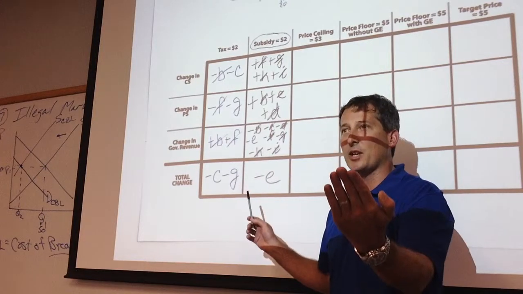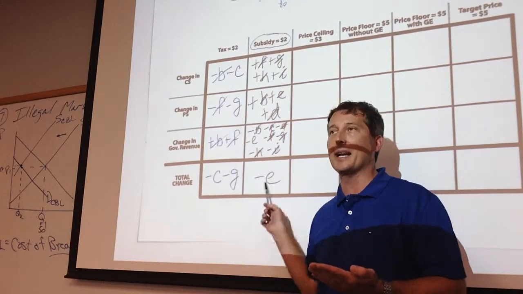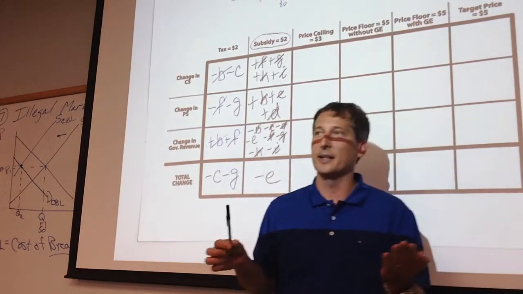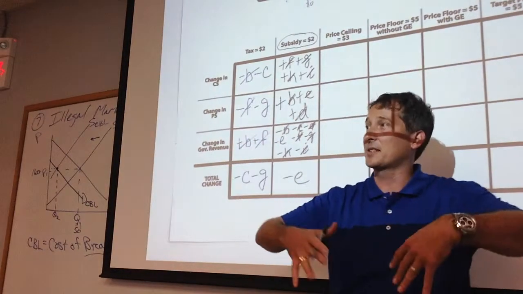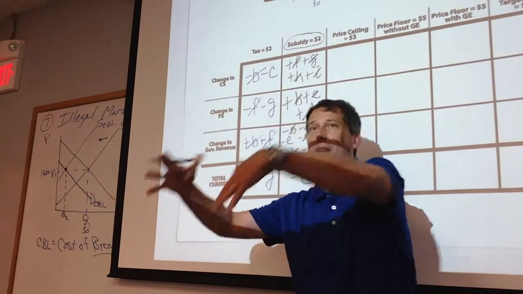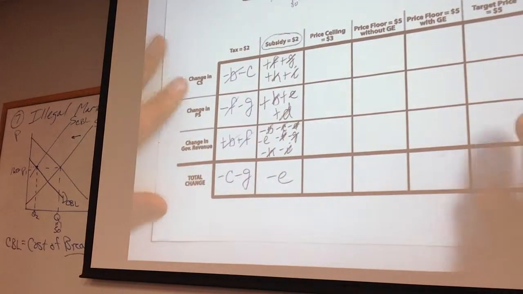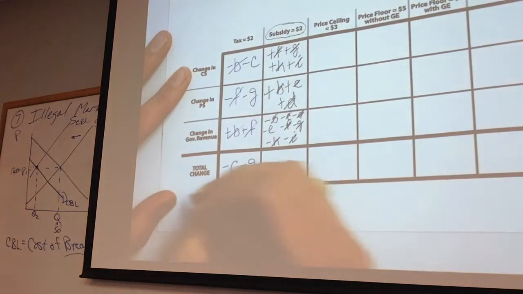A policy change that ends up creating a negative number here is a deadweight loss to society. In other words, we didn't shuffle things to add value to society, we actually shrunk it. We shrunk the pie and created what we call a deadweight loss.